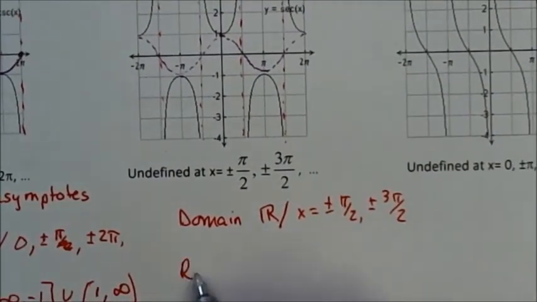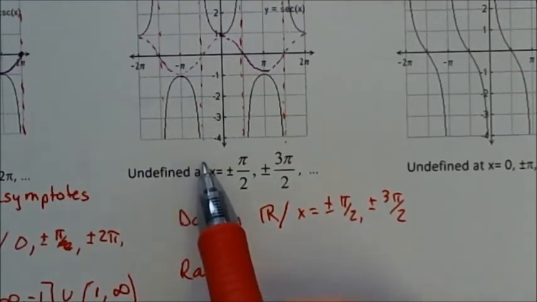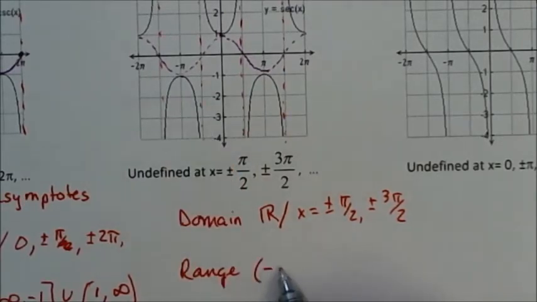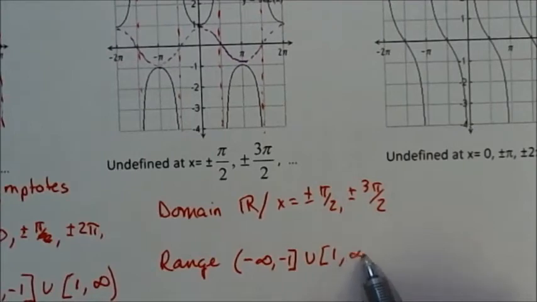Our range, again, we're coming up from negative infinity to negative 1. Then the gap, union with positive infinity, positive 1 to infinity.